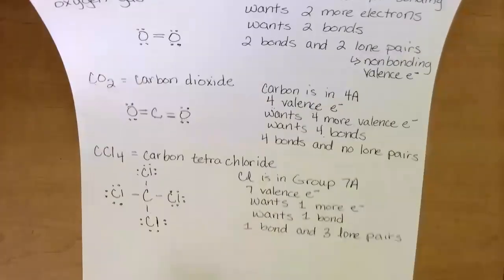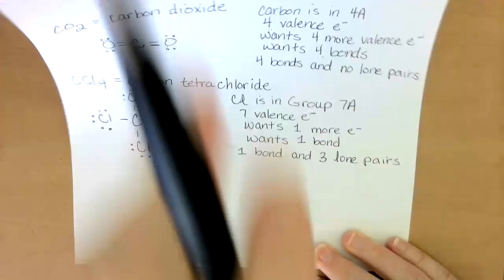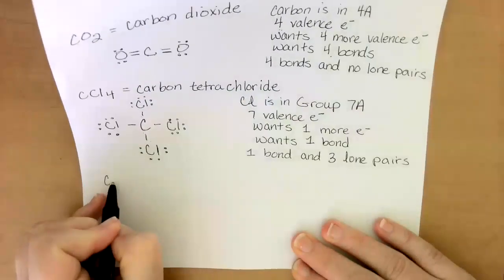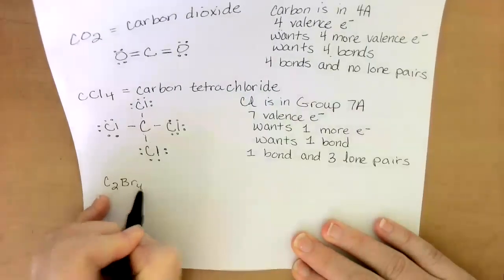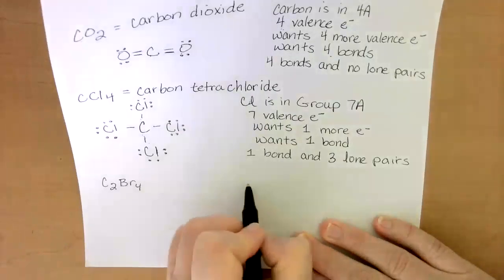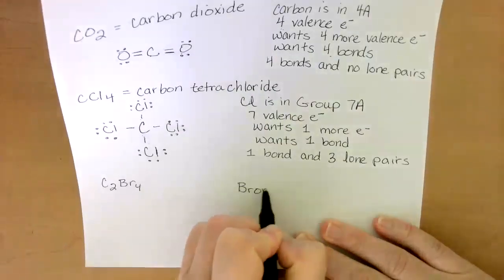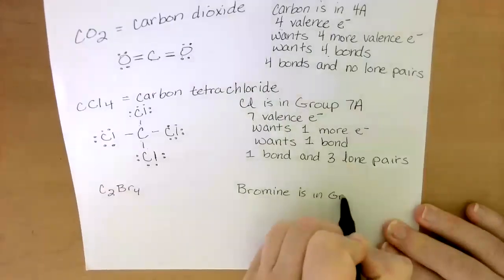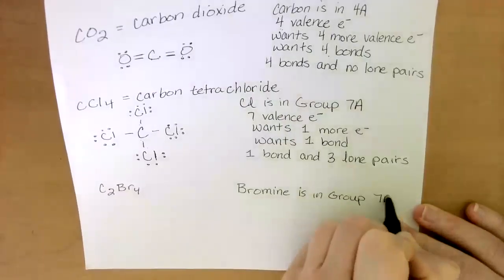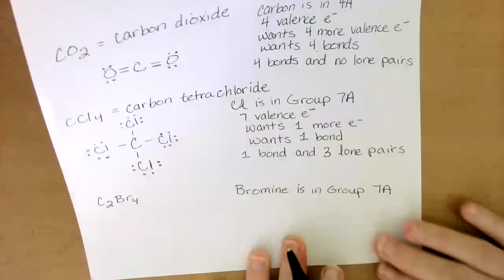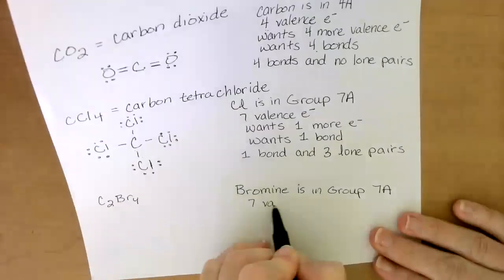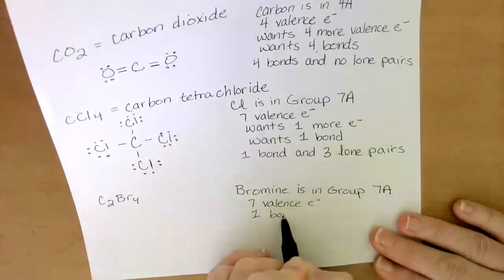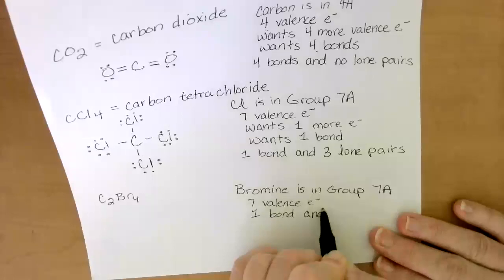The next molecule is C2Br4. Bromine is in group 7A. So he's just like chlorine, 7 valence electrons, and will form 1 bond and 3 lone pairs.